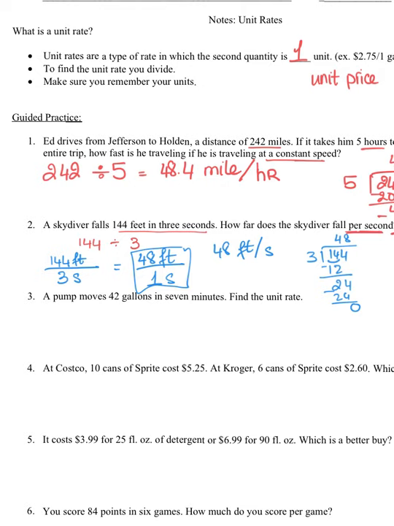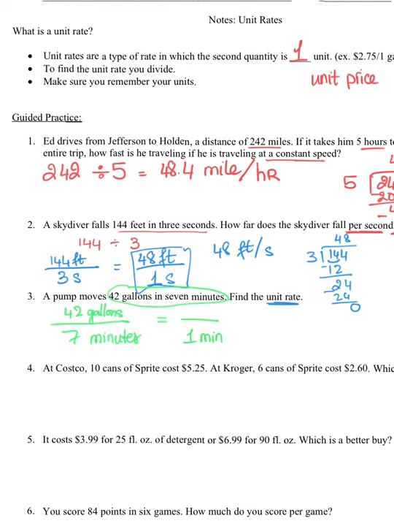Number 3. A pump moves 42 gallons in 7 minutes. What is the unit rate? 42 gallons in 7 minutes. To find a unit rate means I am looking for 1 minute. How many gallons are there?